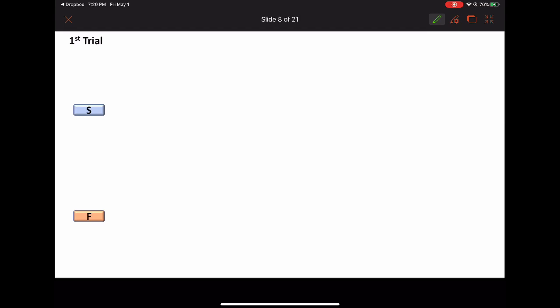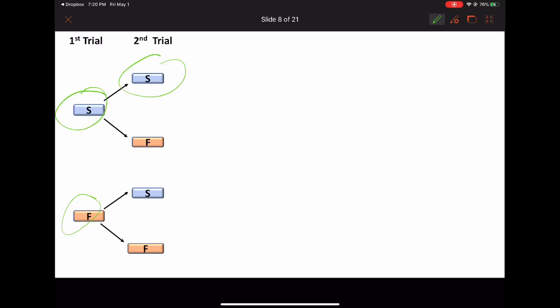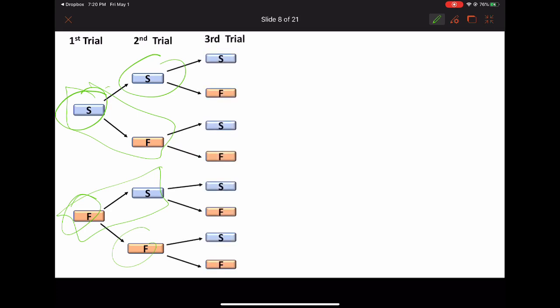The next trial, I either end up with 2 successes, like right here, I could have 2 failures, or there's 2 different ways that I could have 1 success and 1 failure. Third trial, so here I could have, let me erase all of this.